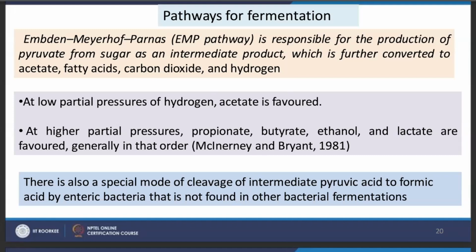I don't know whether most of you are aware of glycolysis, which is basically the first metabolic pathway used by your body to convert glucose, the food which you are having, into pyruvate, right? Pyruvate further has multiple roles.